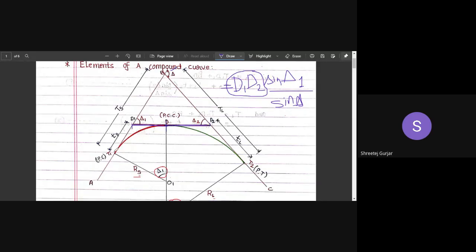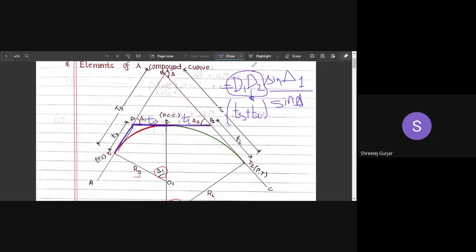It is nothing but ts, the same, by the property of tangents. This length is also equal to this length, so it is ts, and this length is tl. So ts plus tl will give me D1 D2.